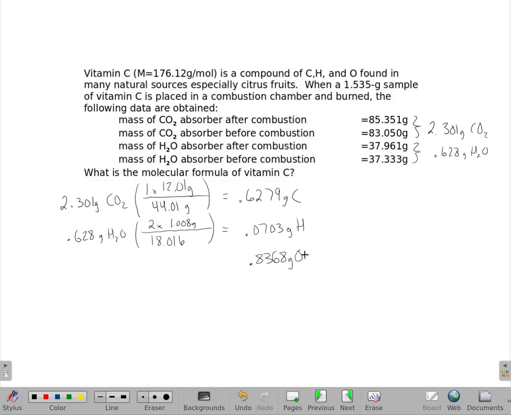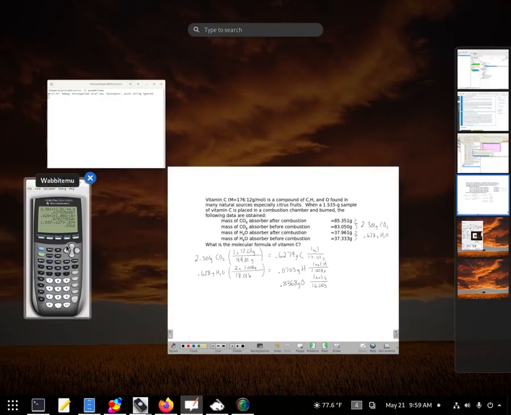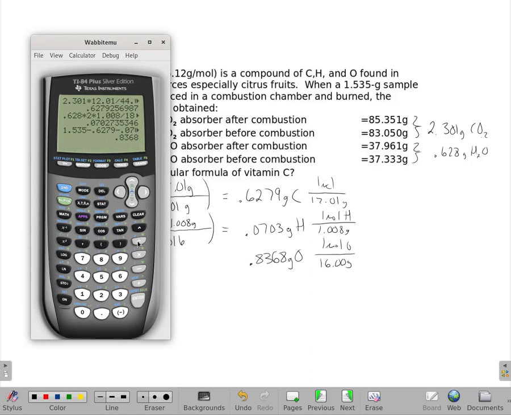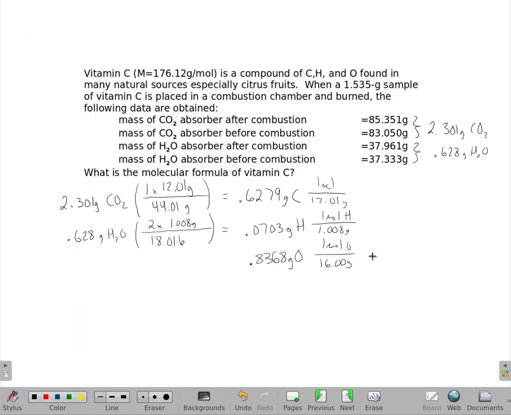And now that we have those masses of the individual components, we convert them into moles. So the 0.08368 is in my calculator, so I'm going to start with that, divide by 16, and I get that that is 0.0523 moles of oxygen.